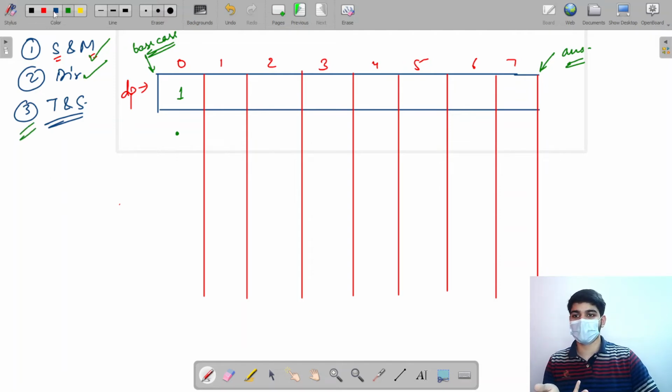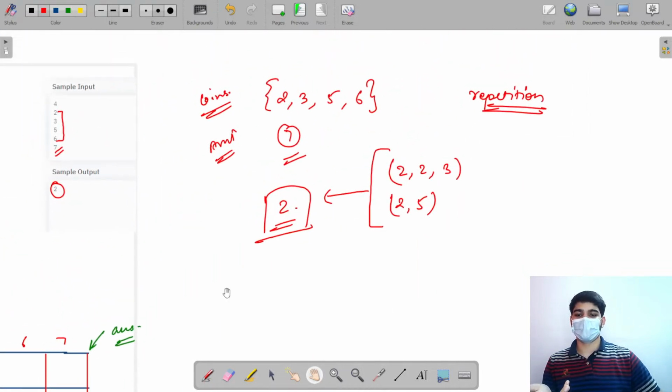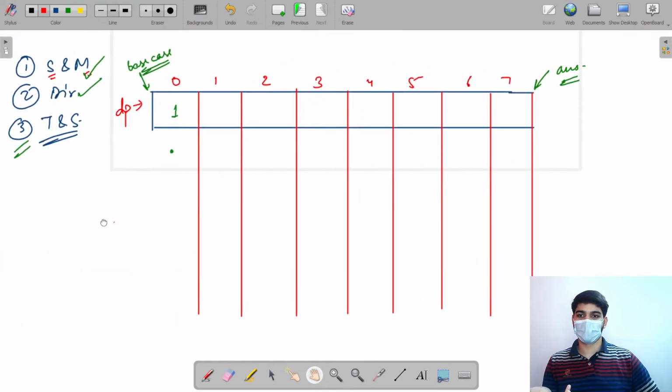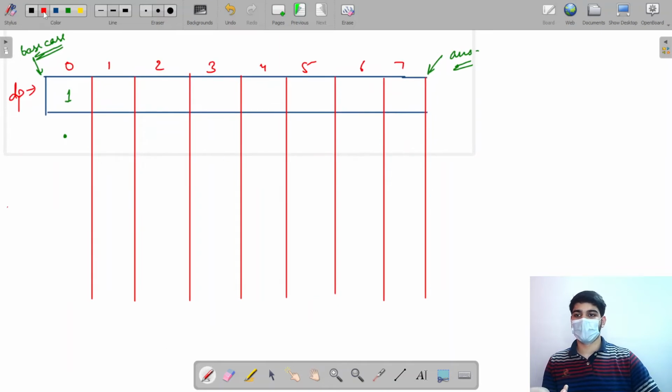So to traverse and solve, I would write the coins that I have. The coins that I have are 2, 3, 5, and 6. So if I come over here, I can focus on just this part. I can have 2, 3, 5, and 6 written like this.